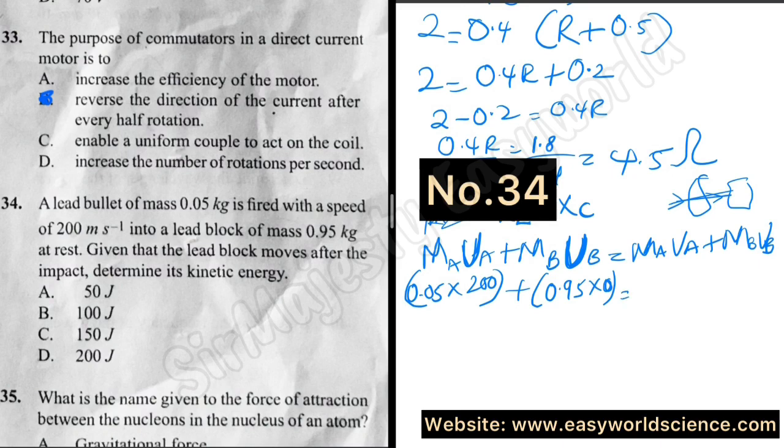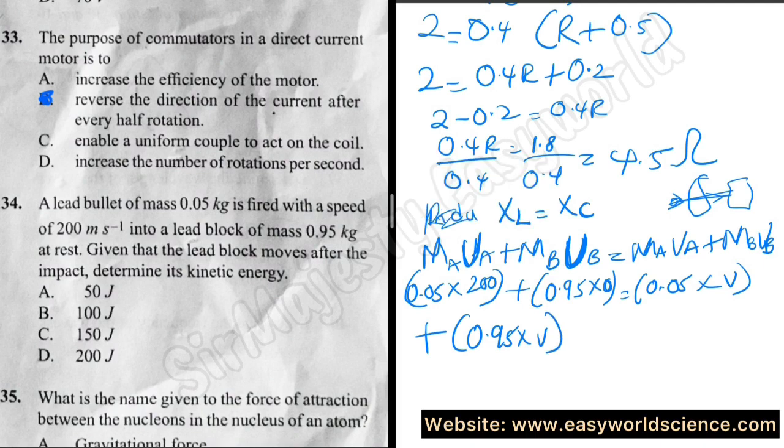So the mass of the lead bullet is still 0.05 multiplied by the new velocity, which is what we don't know. And since the lead bullet hit the block, both the lead bullet and the block moved at the same velocity after the impact. So the same velocity applies for the lead block. The lead block still has the mass of 0.95, and the same velocity applies for it.